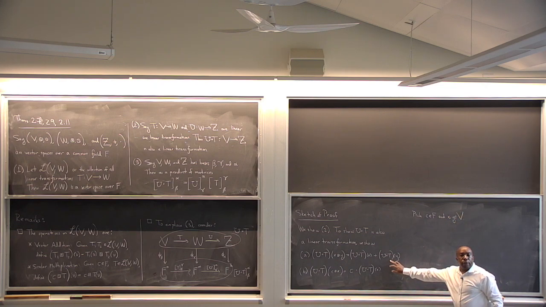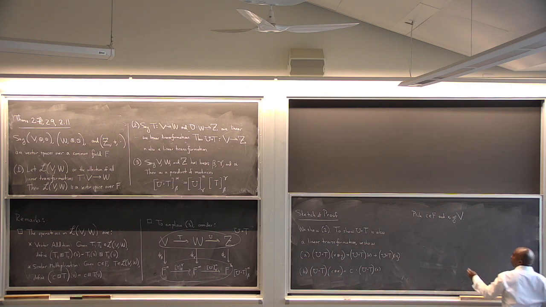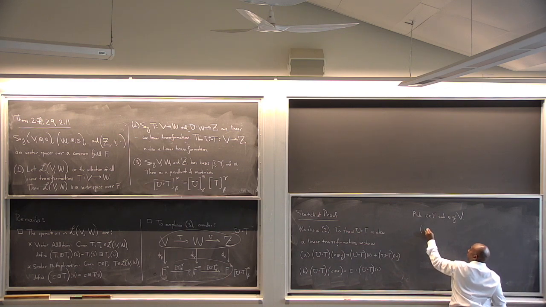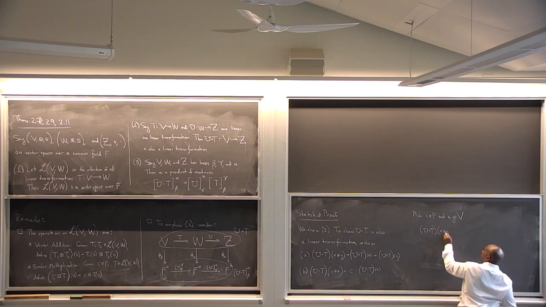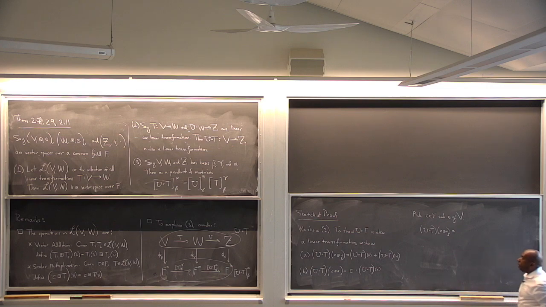So let's try to do the very first one here. If I want to consider U compose T of x plus y, let's first figure out what the definition of this is.